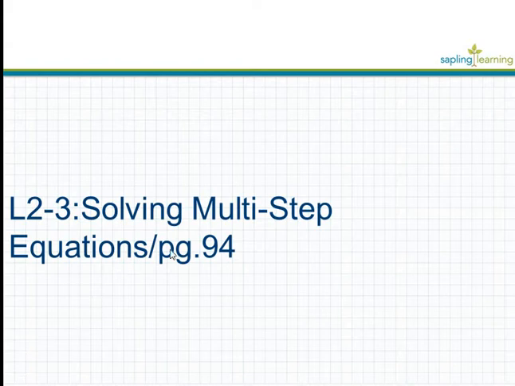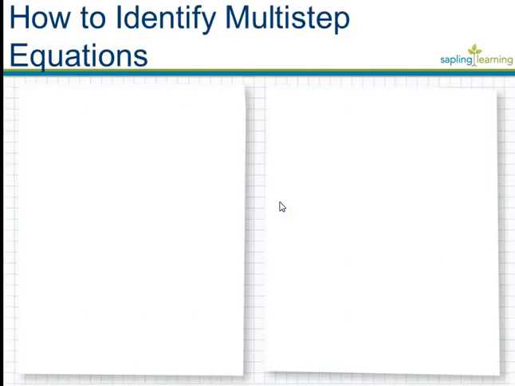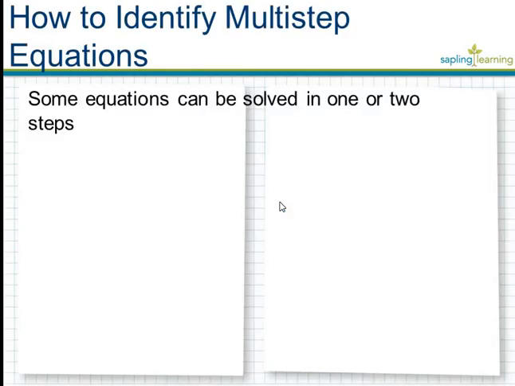So let's start the lesson, and before we go, let's revise together the meaning of multi-step equations. As we solved before, some of the equations can be solved in one or two steps, like the equations here. We can solve this one, 4x plus 2 equals 10, in two steps.